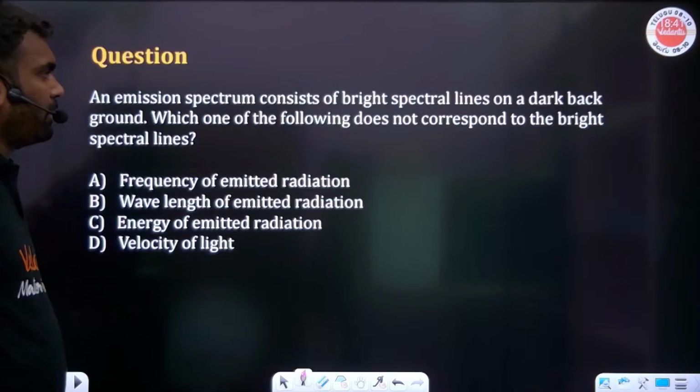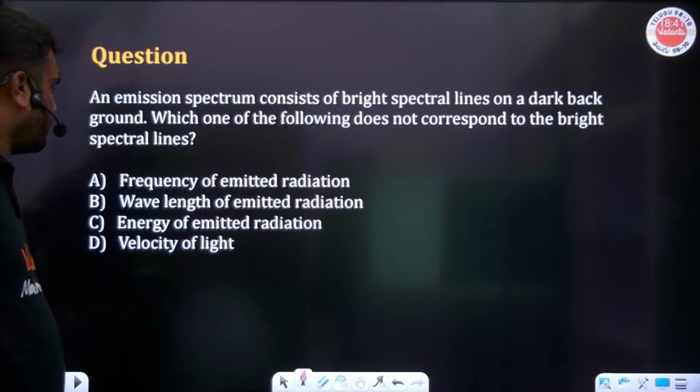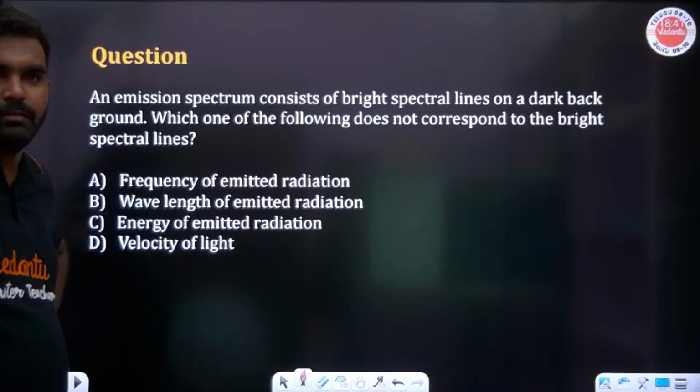Which one of the following does not correspond to the bright spectral lines? Frequency of emitted radiation, wavelength of emitted radiation, energy of emitted radiation, and velocity of light. What is the answer for this question?